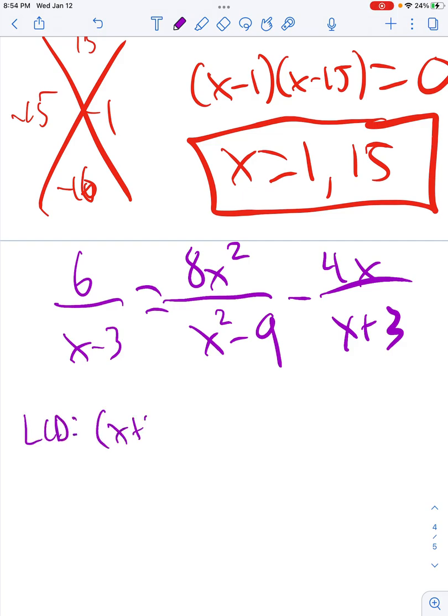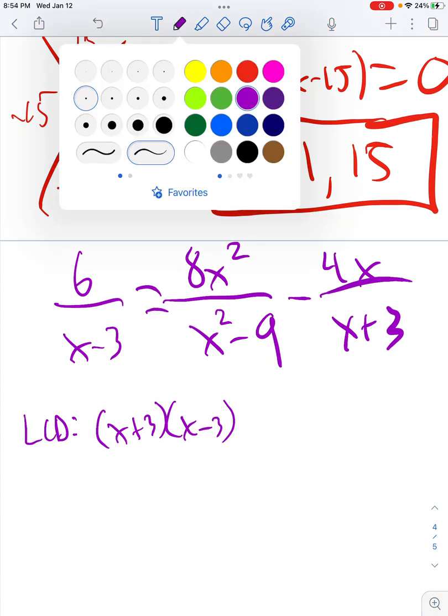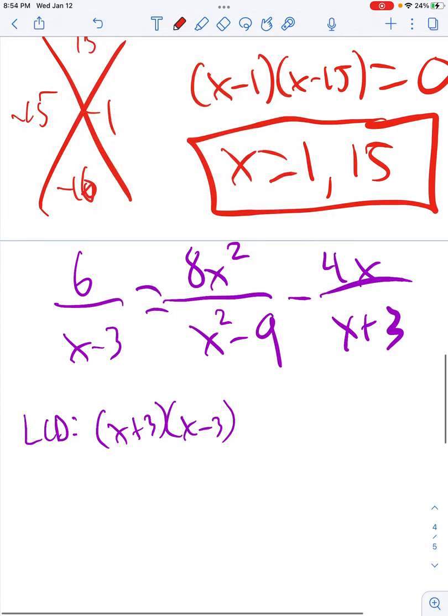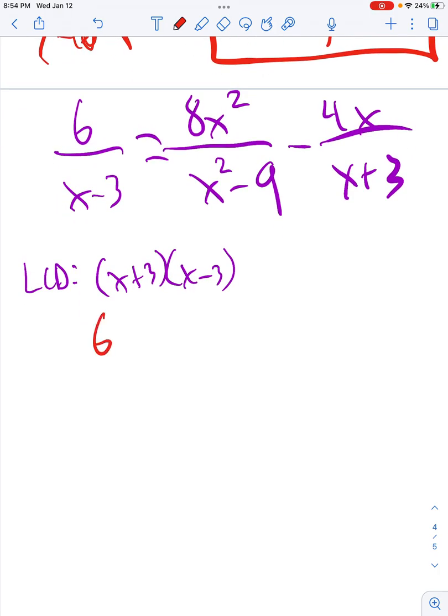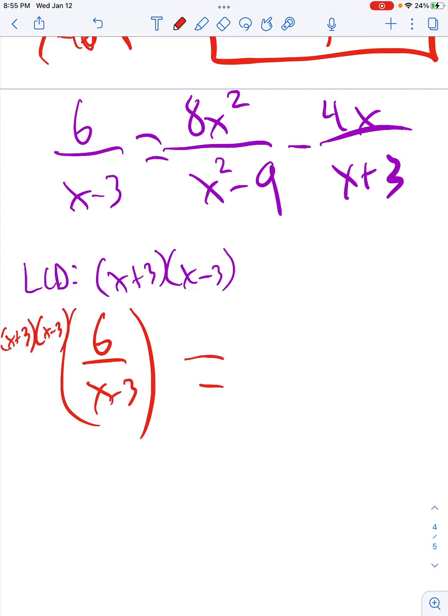So I'm going to say that the least common denominator, the LCD, is x plus 3, x minus 3. So I'm going to multiply the left side and the right side by this LCD. So the left side, I'm going to have 6 over x minus 3, and we're going to multiply it by x plus 3 and x minus 3.